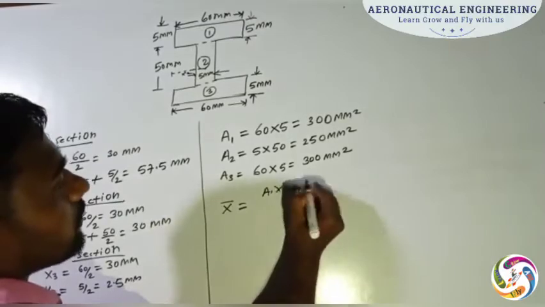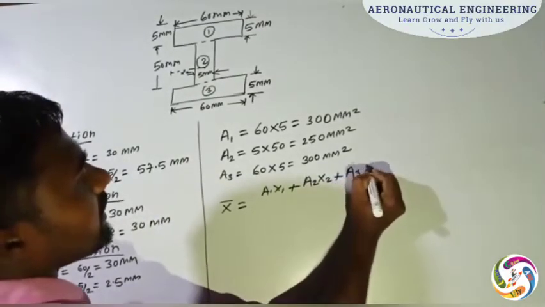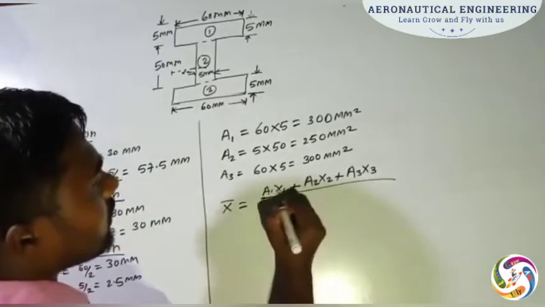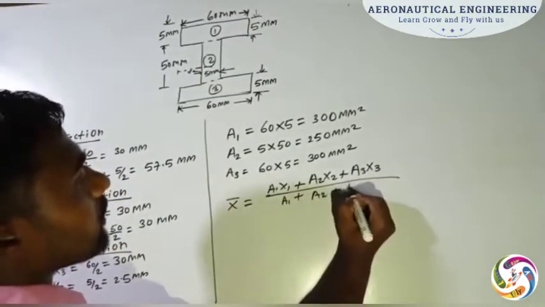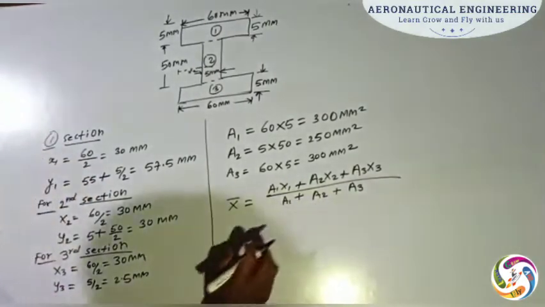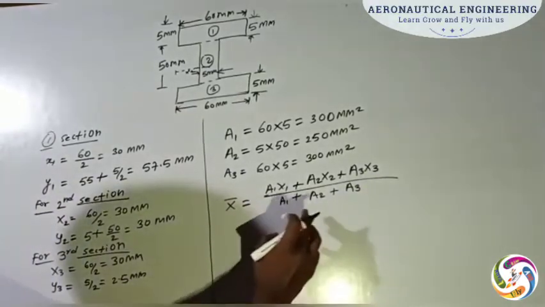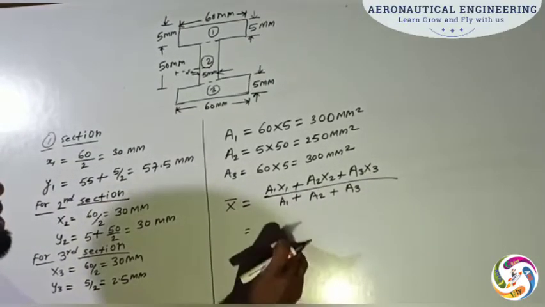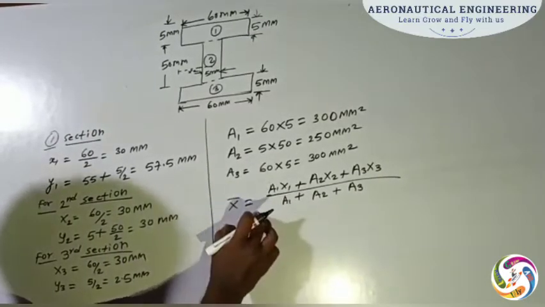Now we know the formula to calculate x bar: A1 x1 plus A2 x2 plus A3 x3 upon A1 plus A2 plus A3. We know the values of A1 x1, A2 x2, A3 x3 and A1, A2, A3, so we just substitute the values and find x bar.